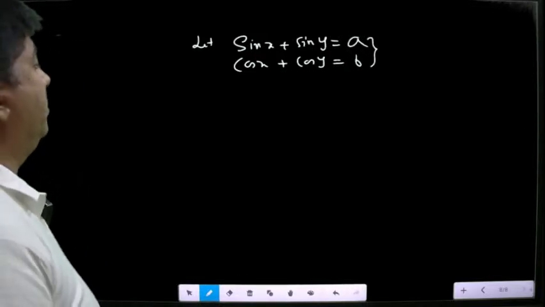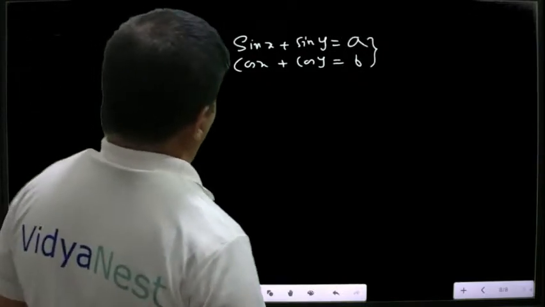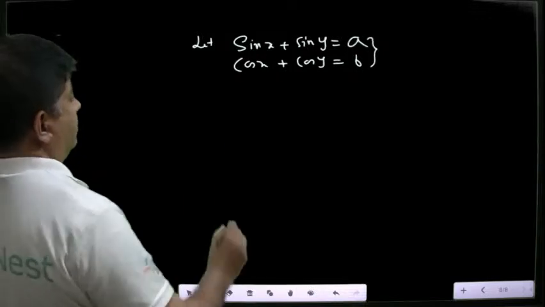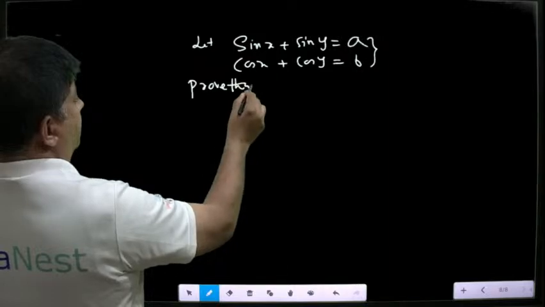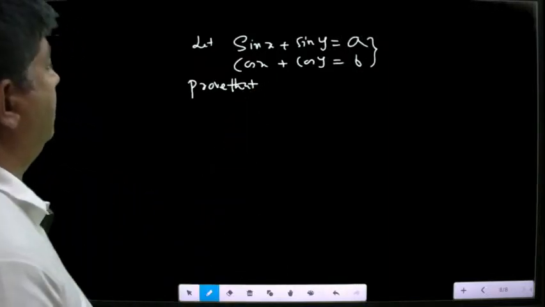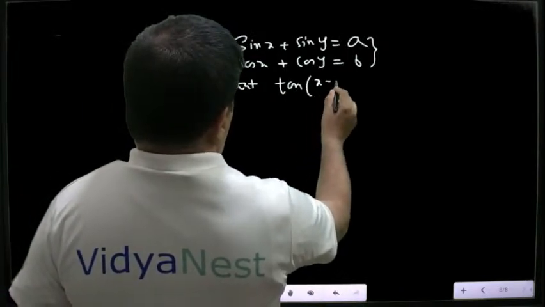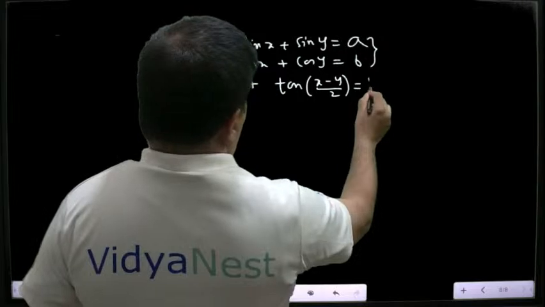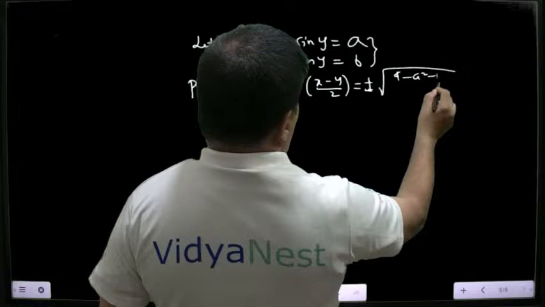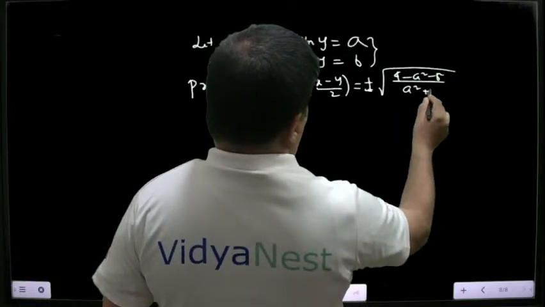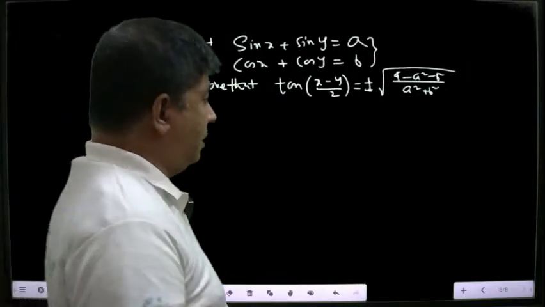Now, prove that tan ((x minus y) by 2) equals plus or minus root over of (4 minus A square minus B square) by (A square plus B square). Okay.